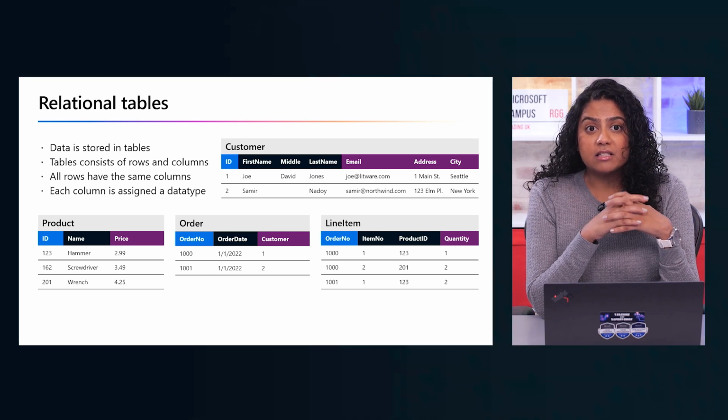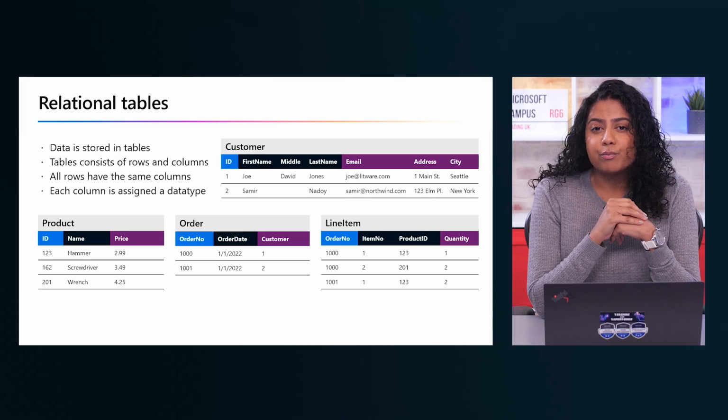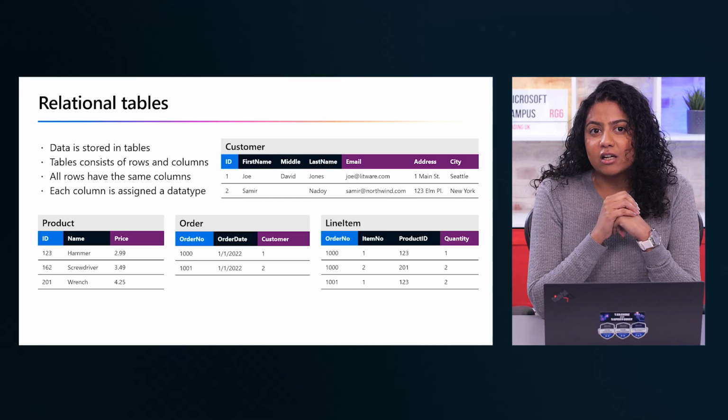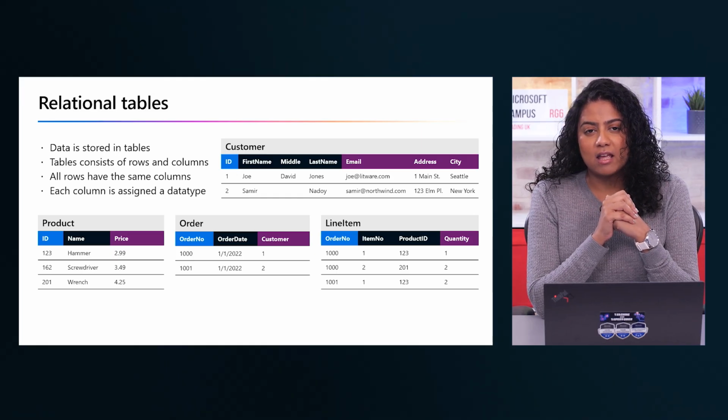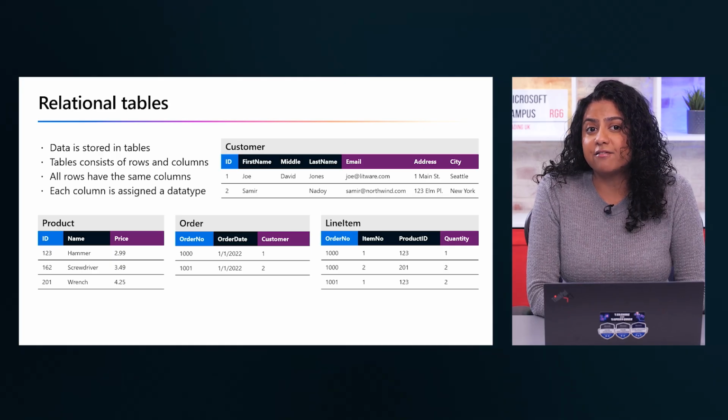And we can't forget about the date and time. An order date column in the order table would be designed to store date-time values, making it easy to track when orders were placed.